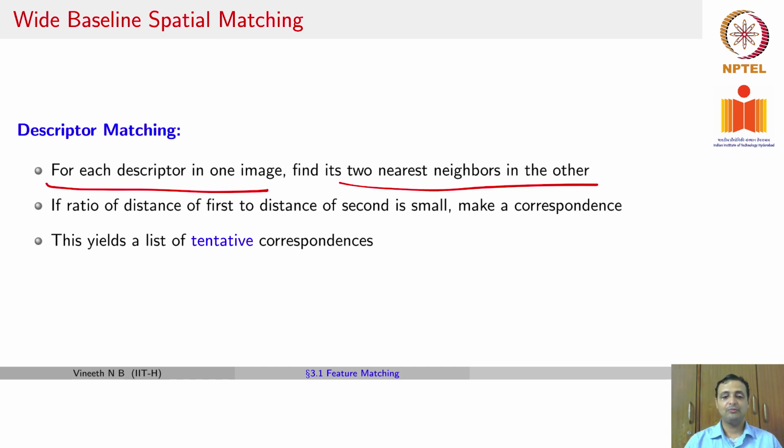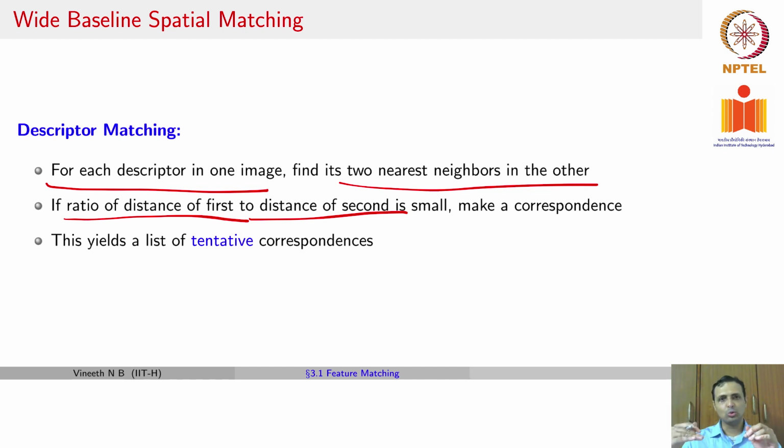In this method, we take two nearest neighbors and we then evaluate the ratio of the distance of the first to the distance of the second. So you have a distance between the descriptor in the first image to the first match in the second image, and the distance of the same descriptor from the first image to the second closest match.